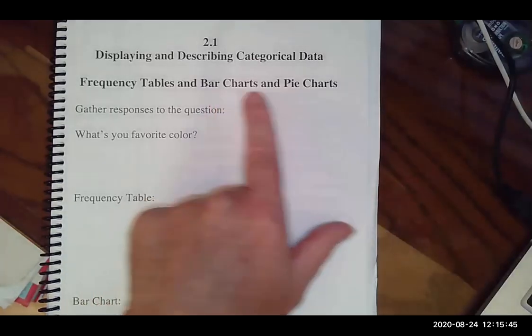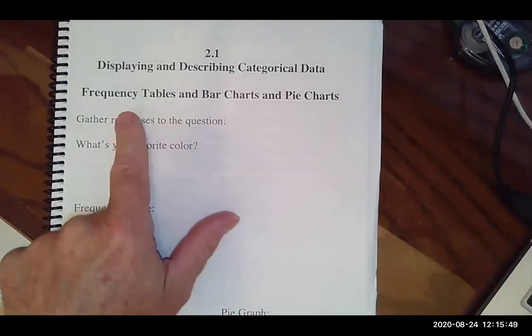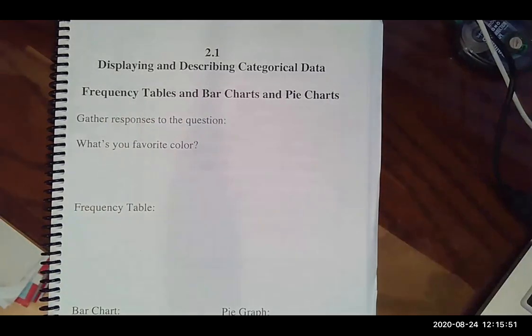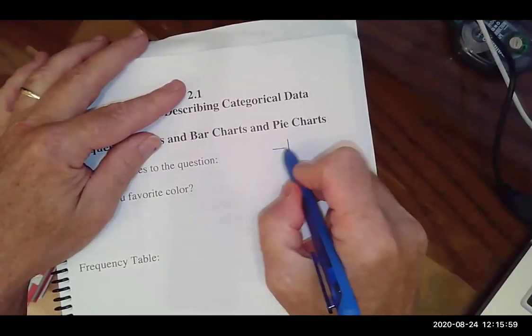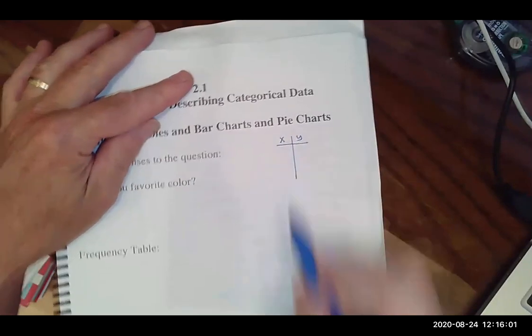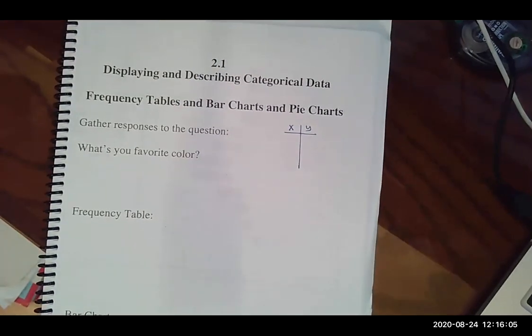Let's see, bar and pie are common ones, and frequency tables. So these would feel like, in algebra, you'd have like a t-table. It looks like this. In algebra, you have x's and y's. So it's going to be similar, where I'm going to make it this way, a t-table.